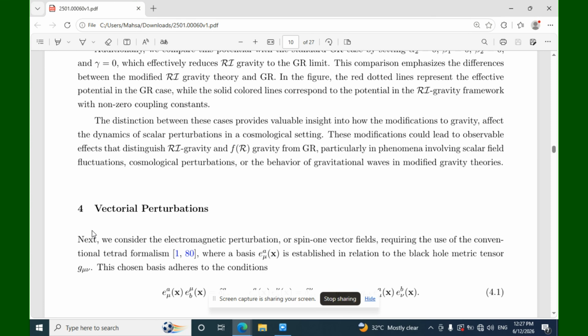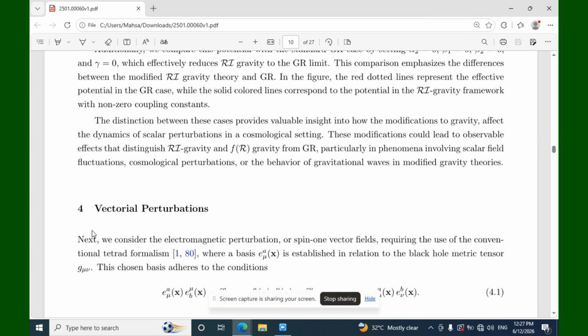These modifications could lead to observable effects that distinguish Ricci inverse gravity from general relativity, particularly phenomena involving scalar field fluctuations, cosmological perturbations, or the behavior of gravitational waves in modified gravity theories.